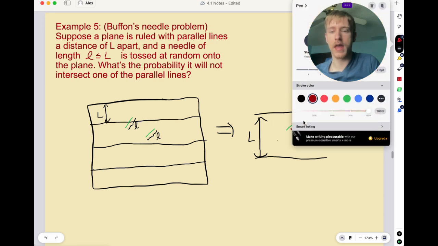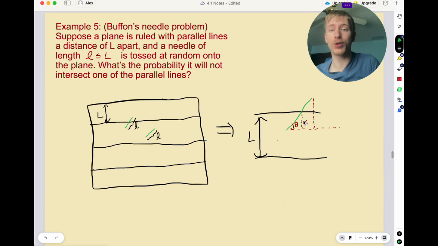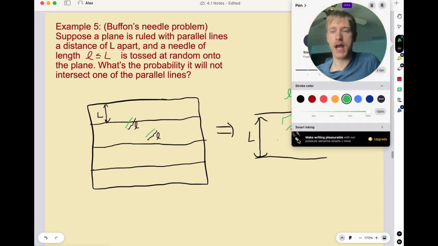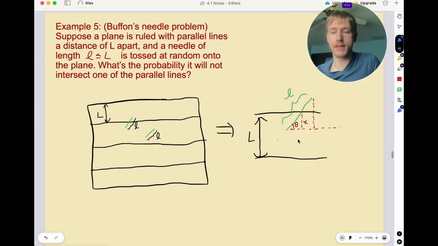Note that if the needle is fully inside these horizontal lines, that's going to mean this distance is smaller than this distance. So what is this distance? Well, if the whole needle has length L, then trigonometry tells us that this length is going to be L times the sine of theta.